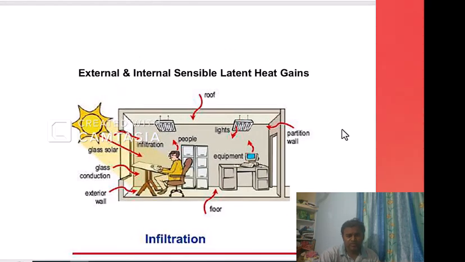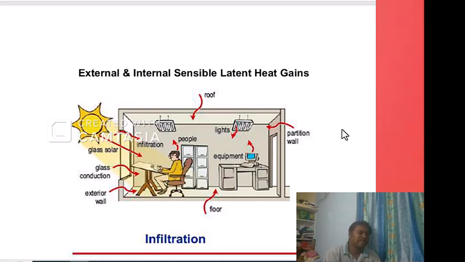basically if you consider a space, there will be external and internal loads as well as sensible and latent heat gains. So what are the internal factors? The internal factors are the people who are inside the room, and infiltration, the heat coming from the side gaps of a window, as well as lights, which contribute some sensible heat energy, and equipment like computers, monitors and coffee makers, which give both sensible and latent heat.